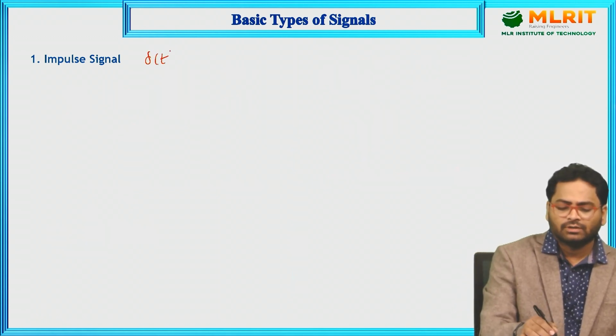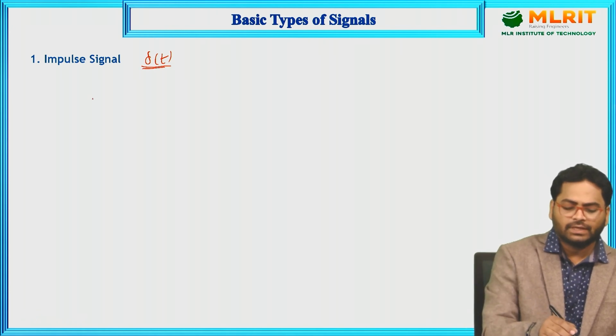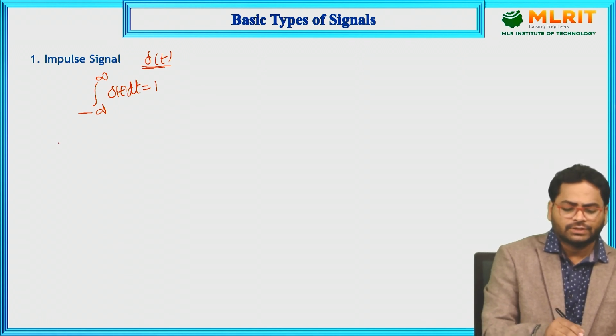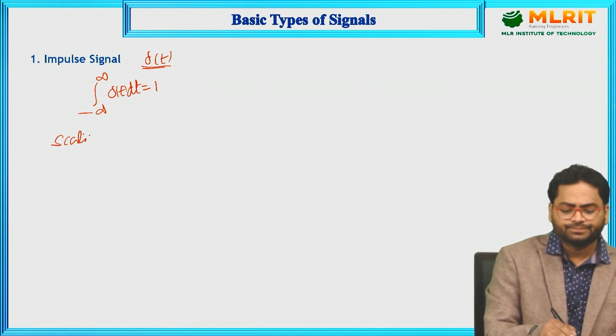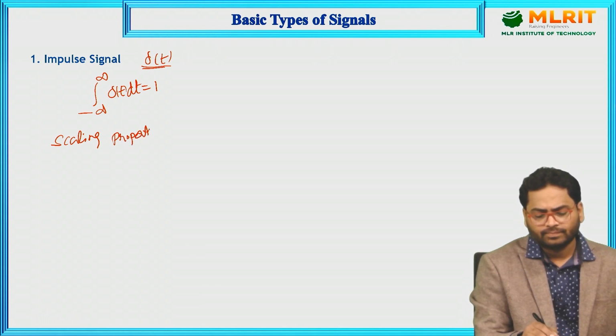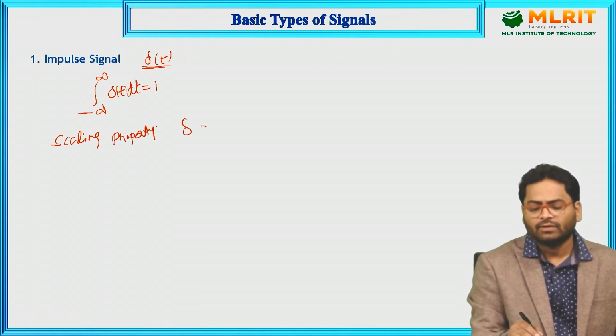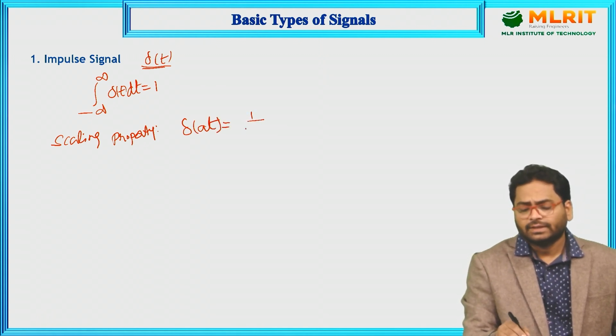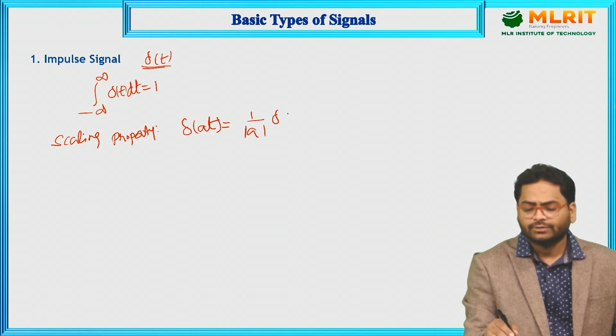The impulse signal has some properties. The first one, as I mentioned, is that the area under the impulse signal, the integral from minus infinity to infinity of del of t dt, is equal to 1. Next is the scaling property: if you take del of at, the result is 1 upon the magnitude of a, that is mod a, into del of t.